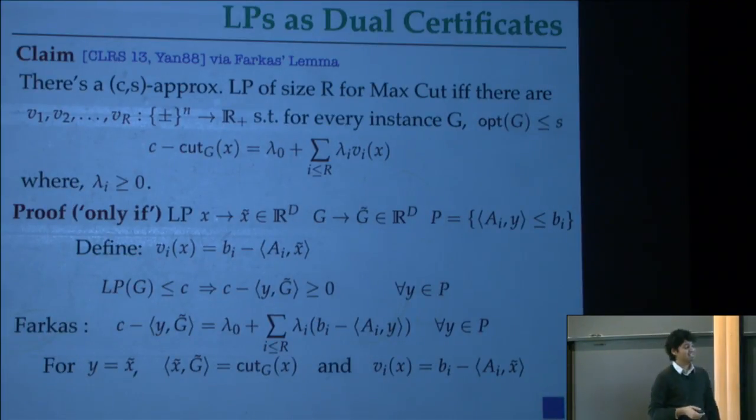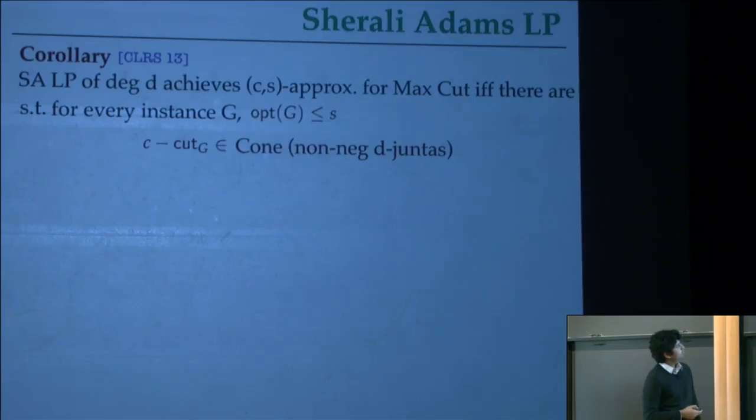Okay. So now we can ask, what is a Sherali Adams LP? What kind of certificate is Sherali Adams giving me? So it turns out that a degree d Sherali Adams, which is like an n to the d time algorithm, corresponds to giving a certificate of non-negativity for the C minus cut function in terms of d-juntas or d monomials or d conjunctions, okay.